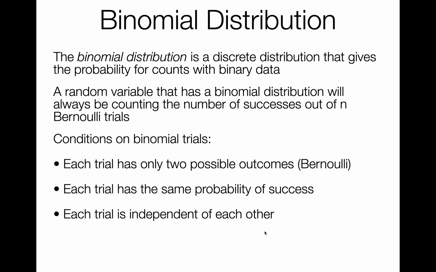That's what it means for the trials to be independent of each other. Once those three things are met, then we can use the binomial distribution to describe a situation.